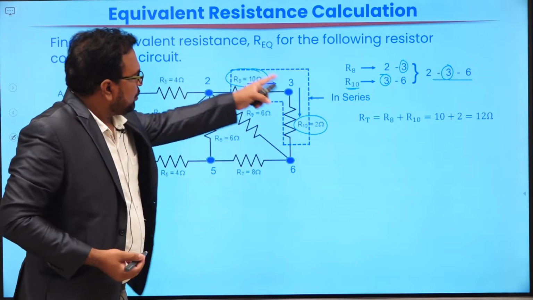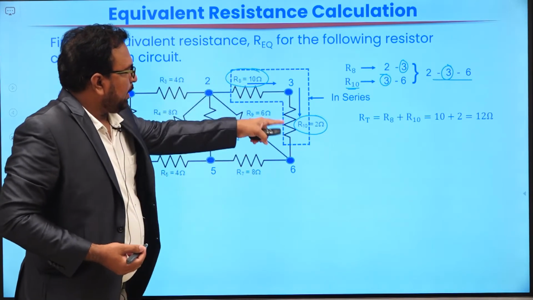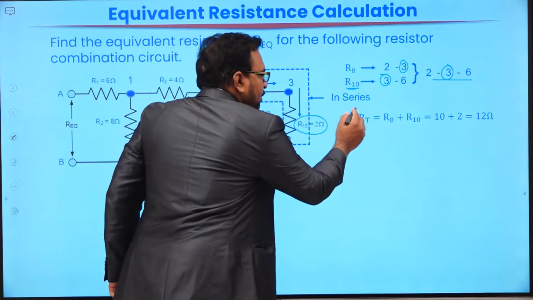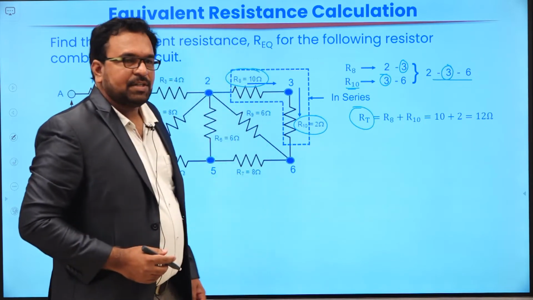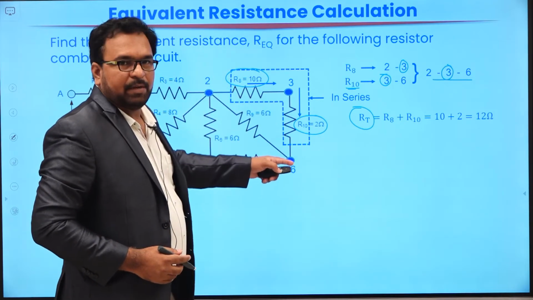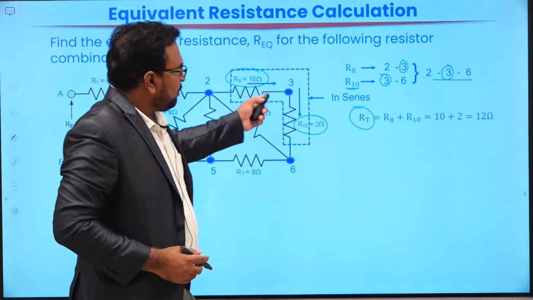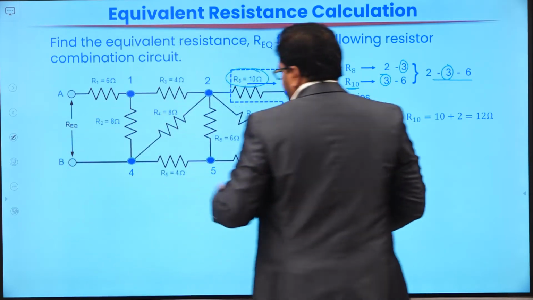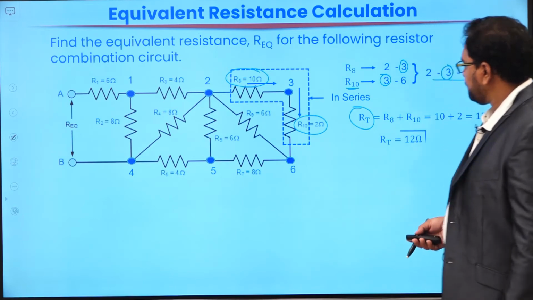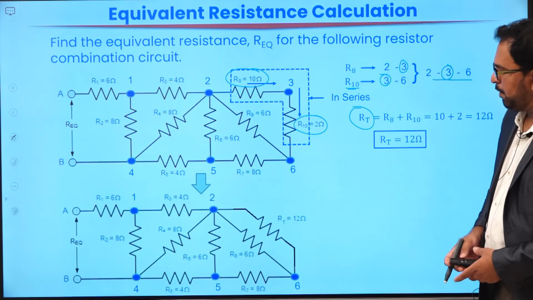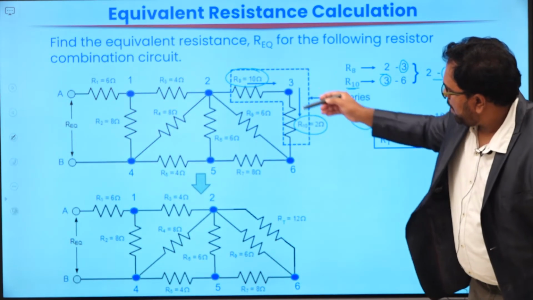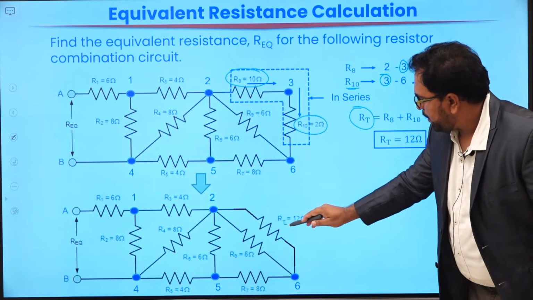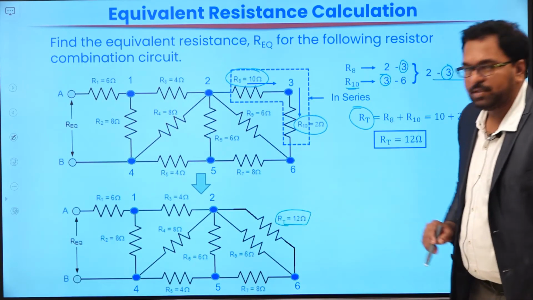Now we can remove these two resistors, R8 and R10, and place this equivalent resistance RT. Because these two are in series, we know that their equivalent resistance is 12 ohms. So in place of R8 and R10, we have placed RT, a 12 ohm resistor.